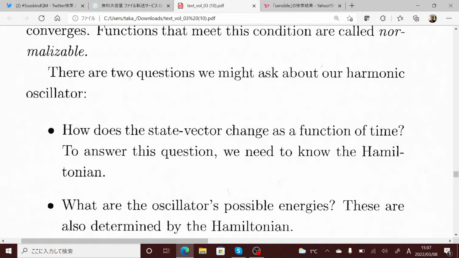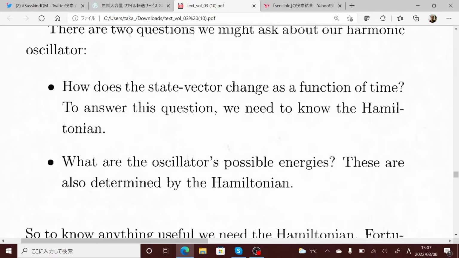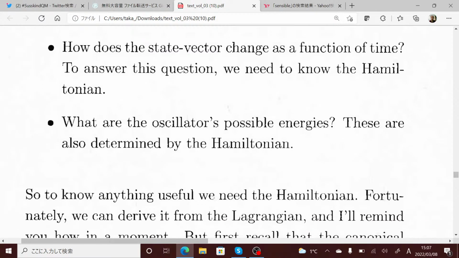There are two questions we might ask about our harmonic oscillator. How does the state vector change as a function of time? To answer this question, we need to know the Hamiltonian. What are the oscillator's possible energies?